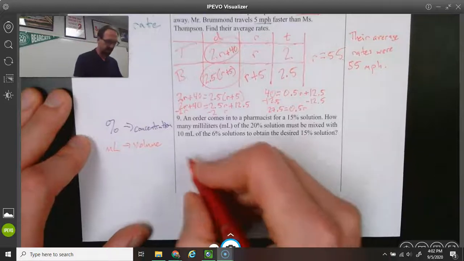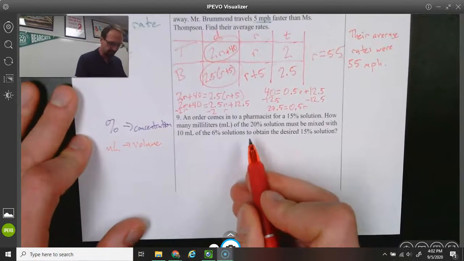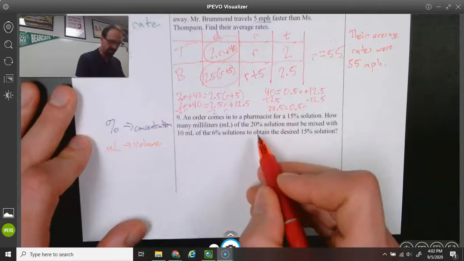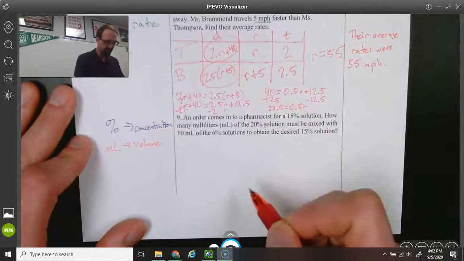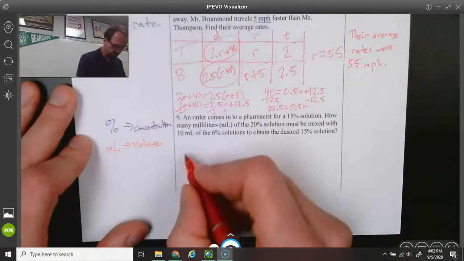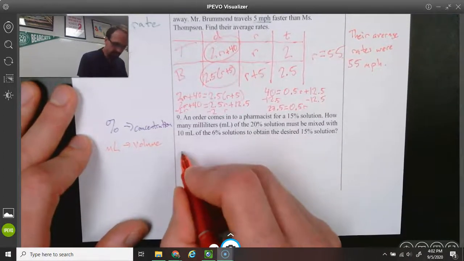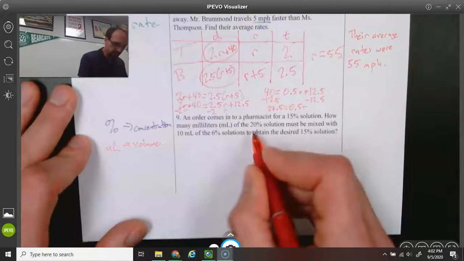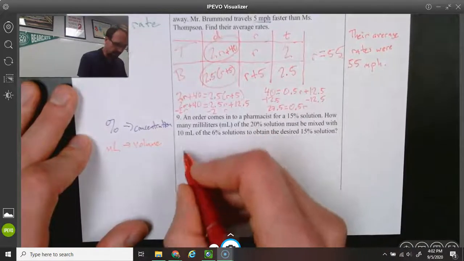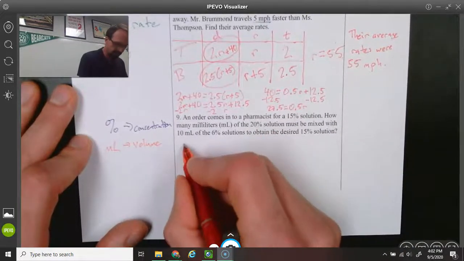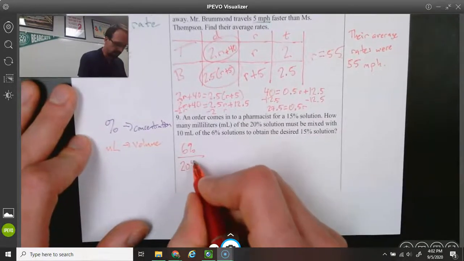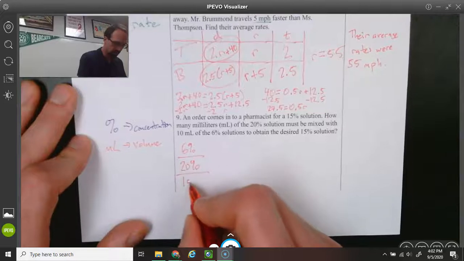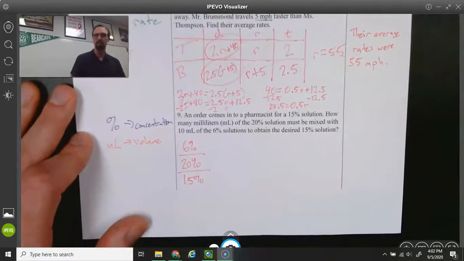Again, setting up my table, my values that I'm working with are a 6%, a 20%, and I'm hoping to obtain a 15%. So let's start with our knowns.